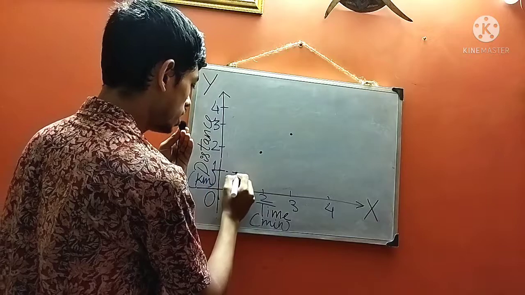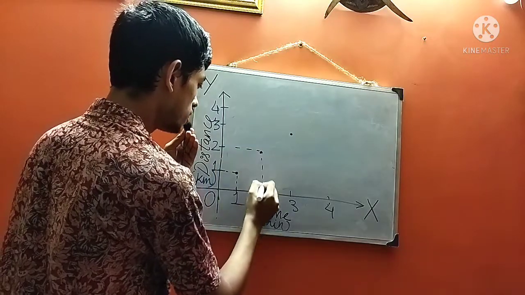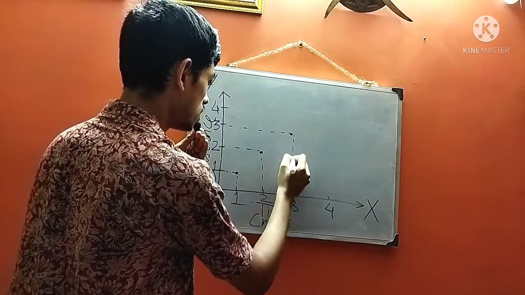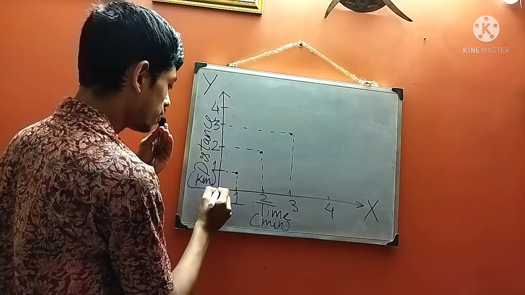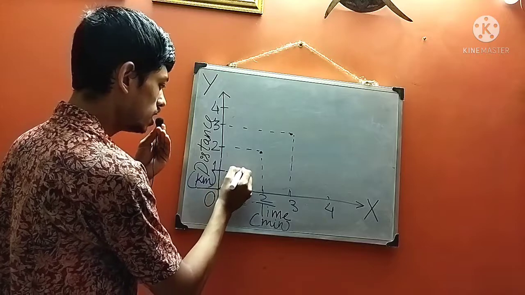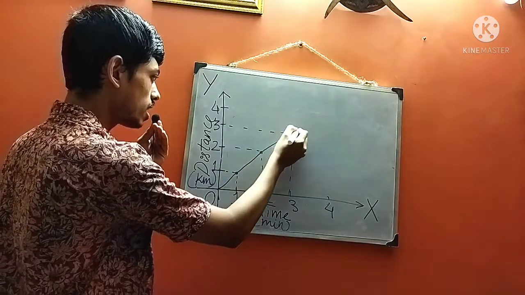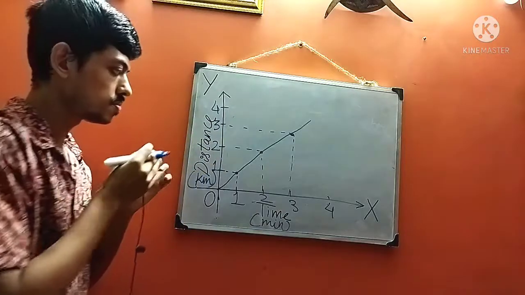So if we plot the graph, we would get a straight line graph. What, students? A straight line graph.